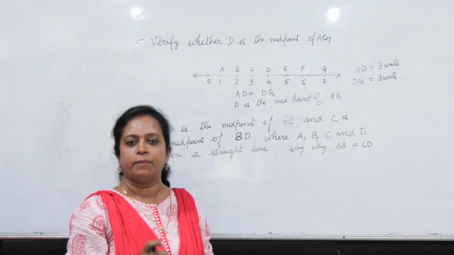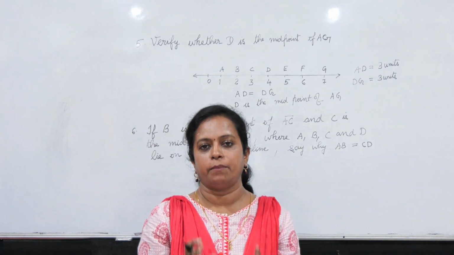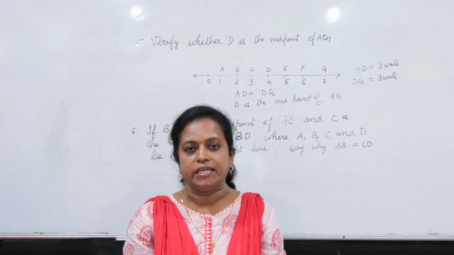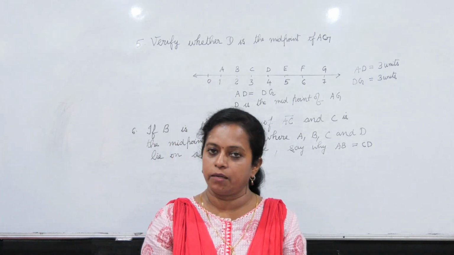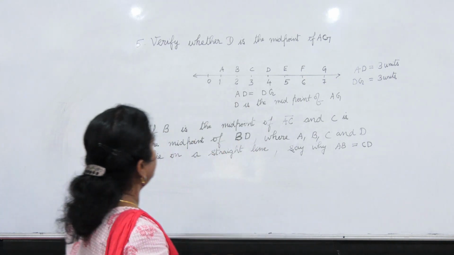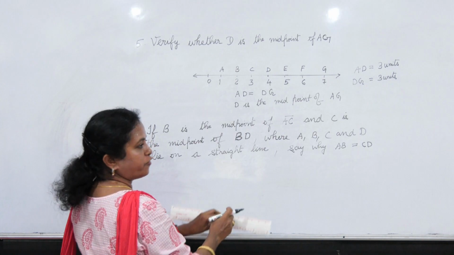Everywhere the term midpoint is used, remember, midpoint is a point on the line segment which is exactly equidistant from both the endpoints of the given line segment. So what is given here? B is the midpoint of AC.